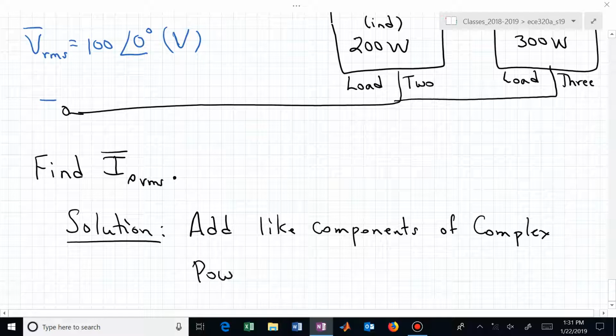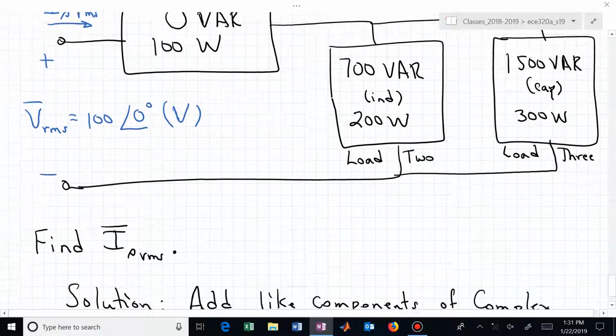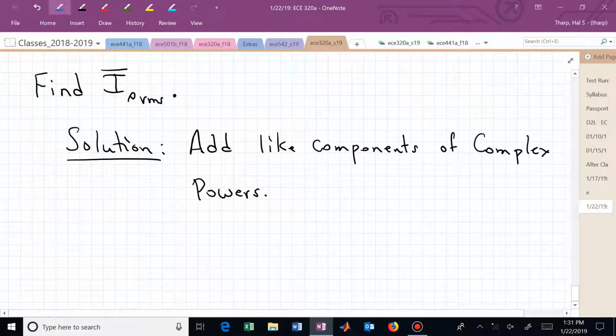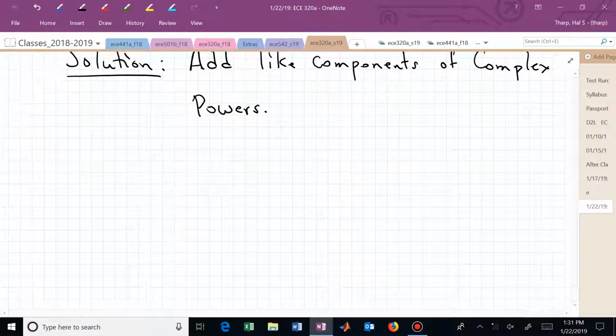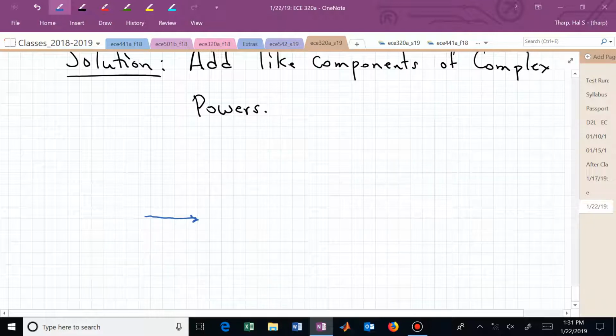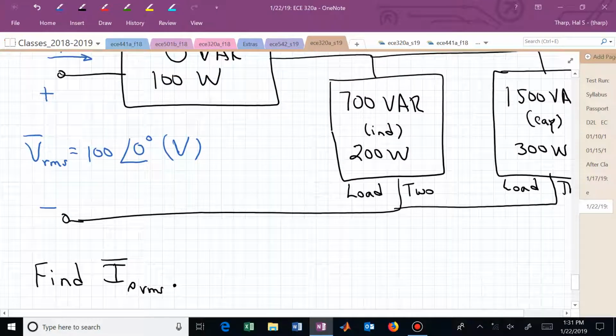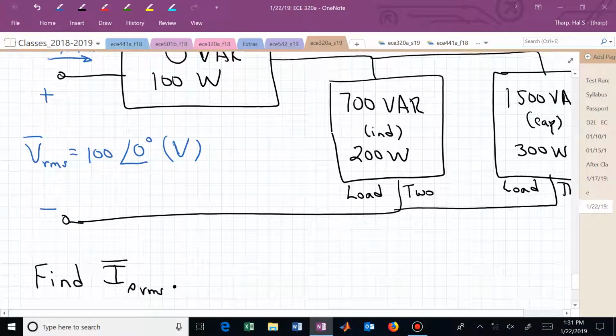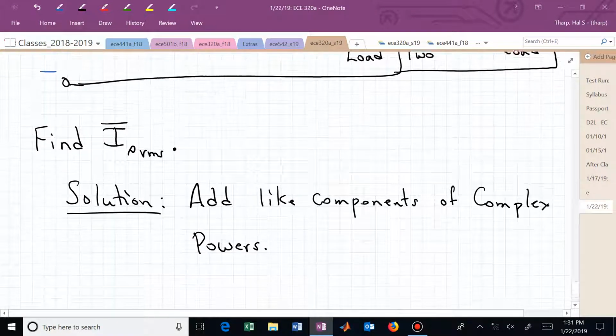And if you really wanted to do this quickly, you could simply say, well, let me just vectorially add these. So now load 1 had a real power of 100 watts and nothing vertical. Load 2 had 200 watts real.